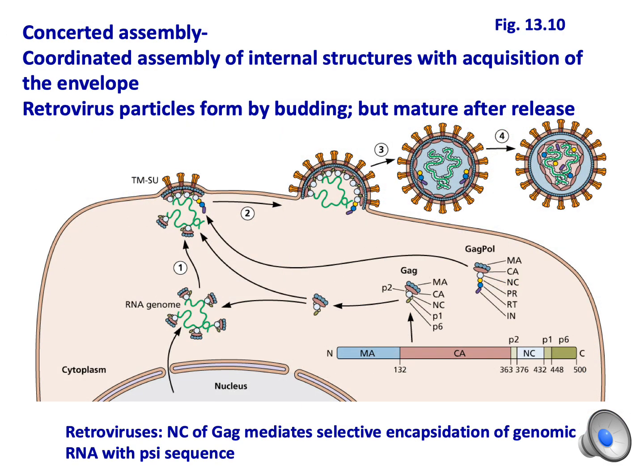The other model is illustrated by retroviruses, and for them, there's coordinated assembly of internal structures with the acquisition of the envelope. Remember that retrovirus particles form by budding, but they don't mature. There's no cleavage of those internal capsid structures until after release.